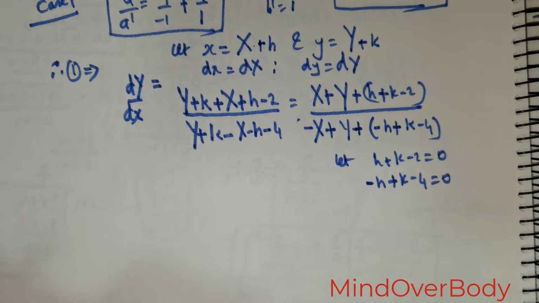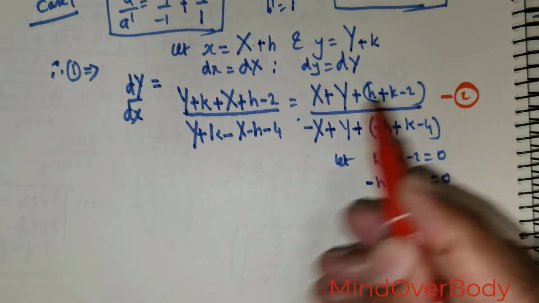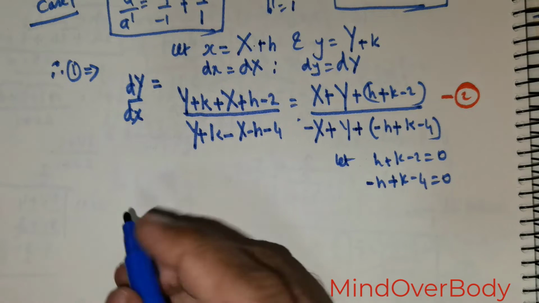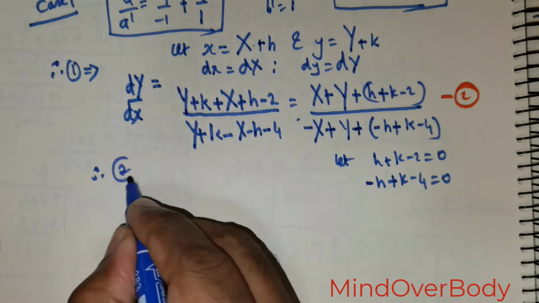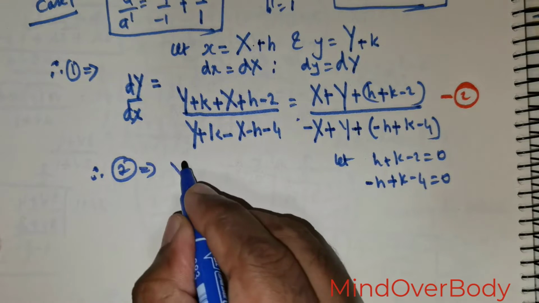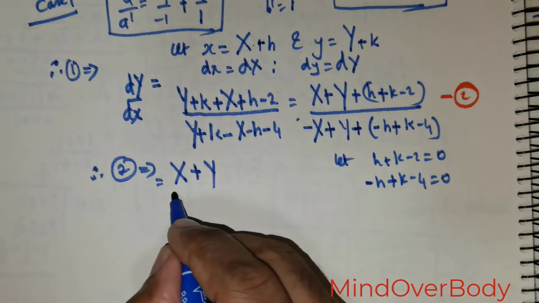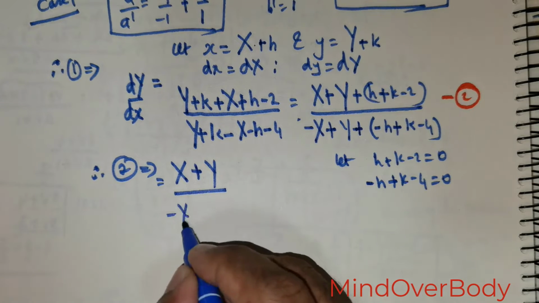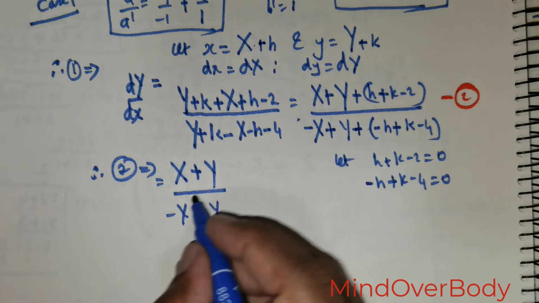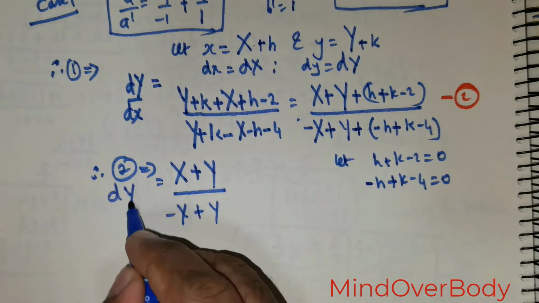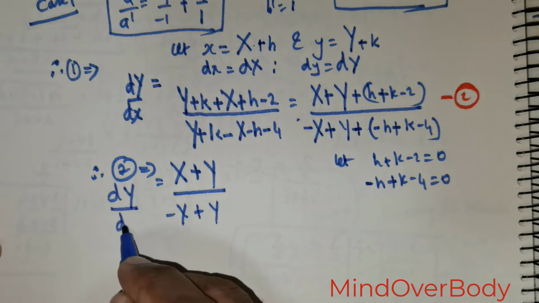So if I take this as 2, I can rewrite 2 as X plus Y, this is 0, divided by negative X plus Y, this is 0, and on the left I've got capital dY divided by dX.